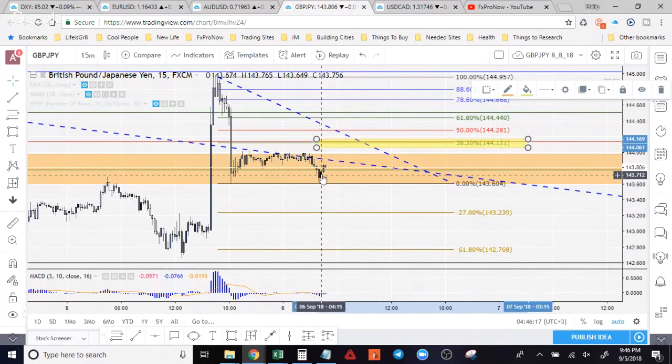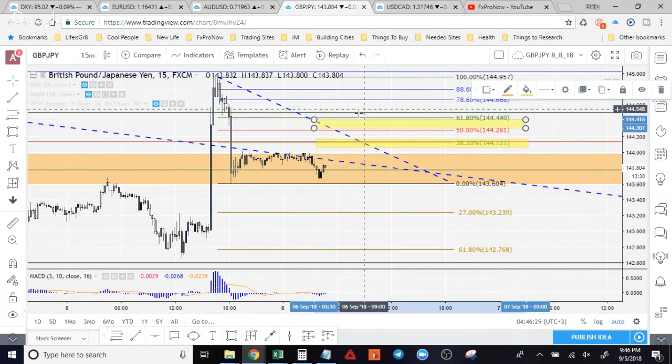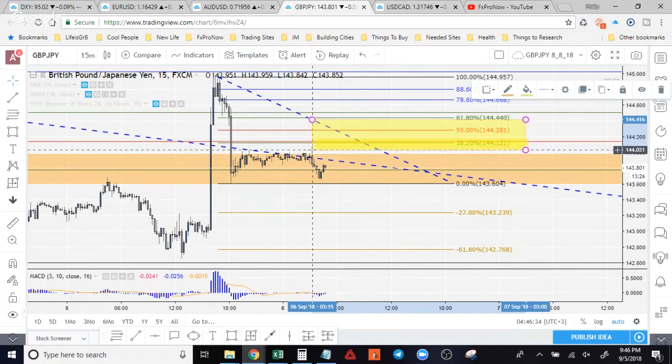I wouldn't be surprised if price will probably push up to this 38.2 level based on the 15-minute time frame. It'll probably even go a little higher to the 61.8 or in between here. I don't know if it's going to go to 61.8. It may, right? But in between this entire area right here, okay? But mostly here, all right? So what I'm going to do is look for price to push up a bit.